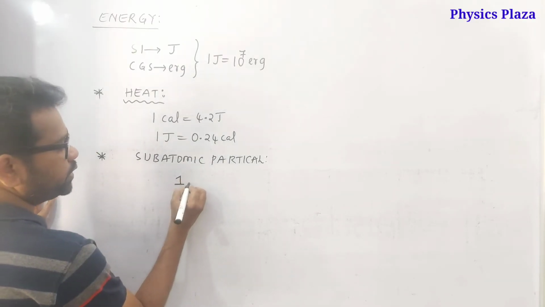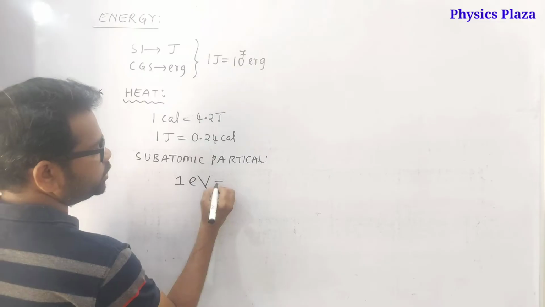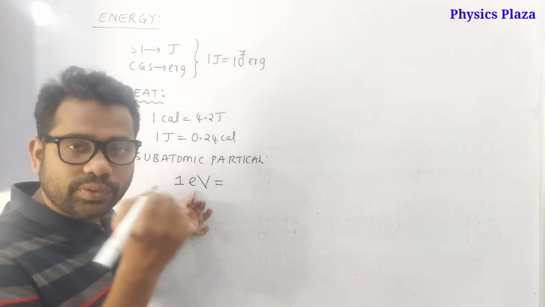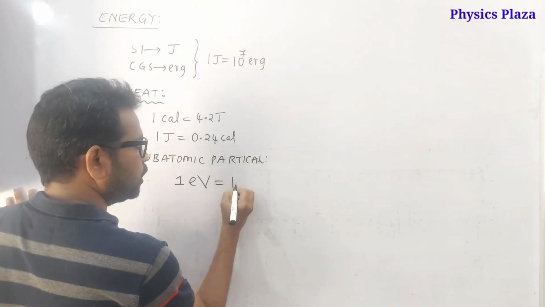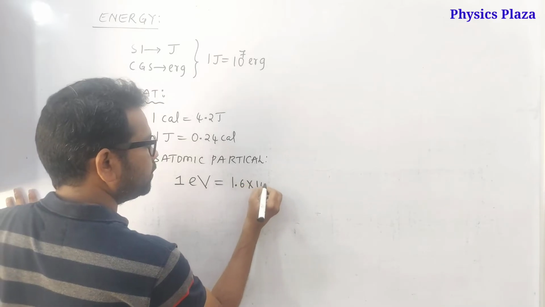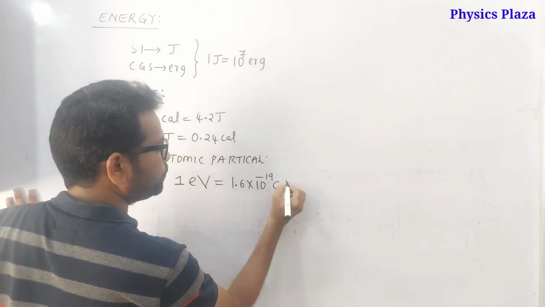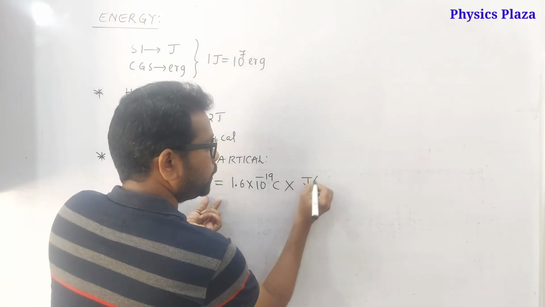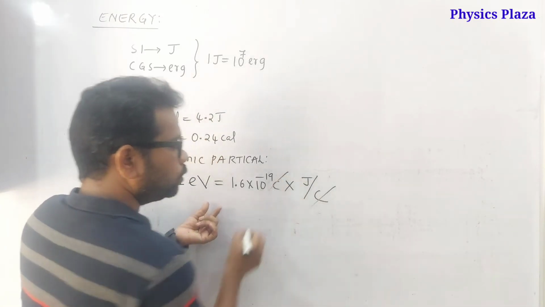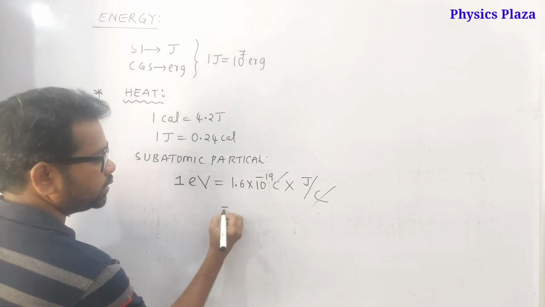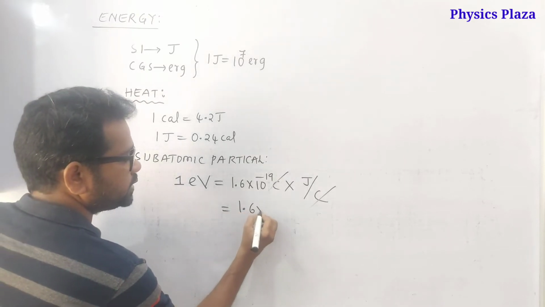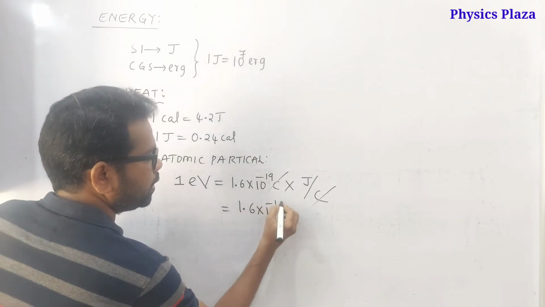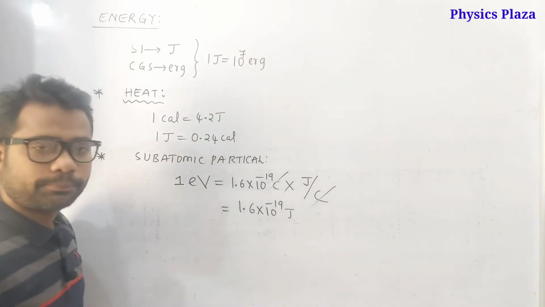Let us see 1 electron volt is equal to how many joules. Here, e represents the charge of electron, that is 1.6 into 10 power minus 19 coulomb, and volt is joule per coulomb. So coulomb cancels. So 1 electron volt is equal to 1.6 into 10 power minus 19 joules.